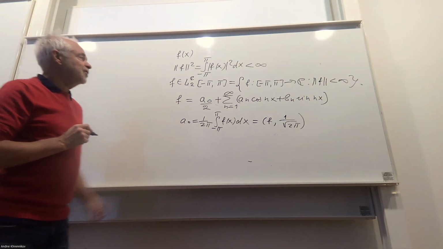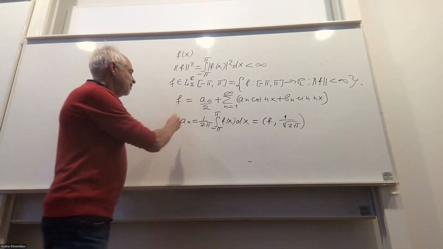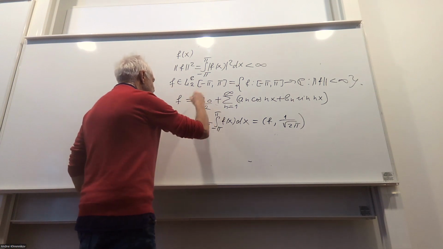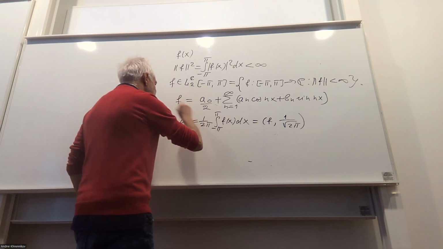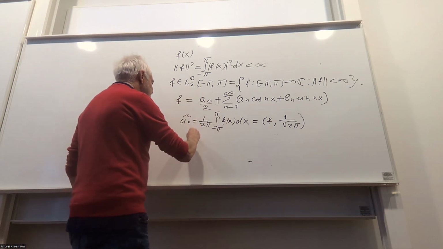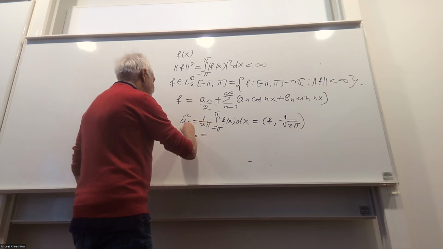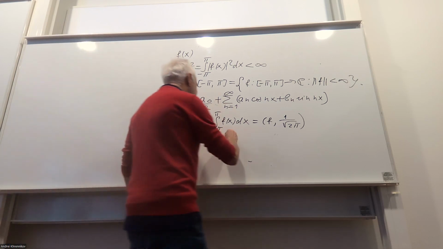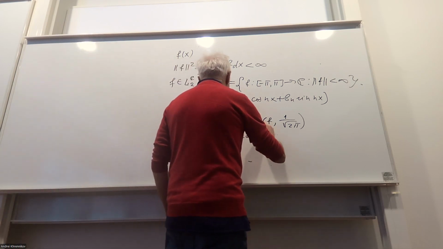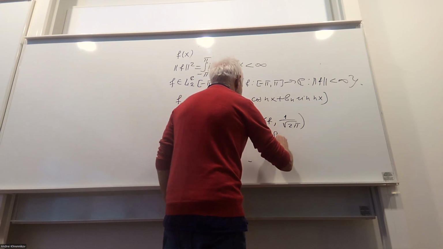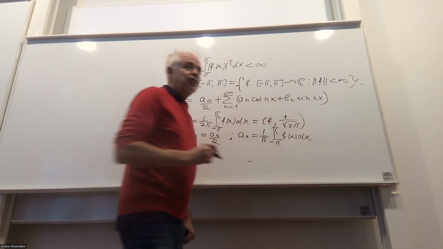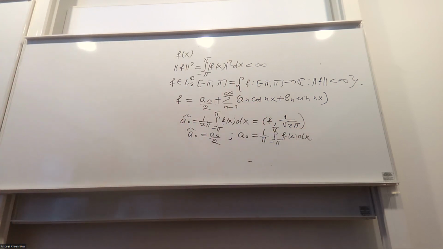Let us use this a0 divided by 2, but then this a0 would be, our a0 is the book's a0 divided by 2. So our a0 is 1 over 2 pi integral of f of x dx. So just a small notation adjustment.